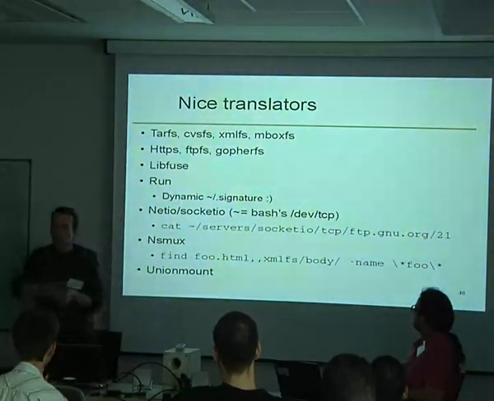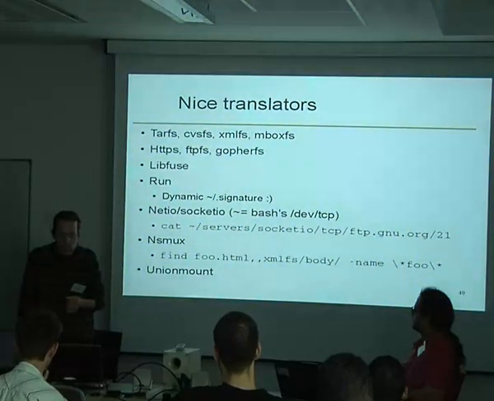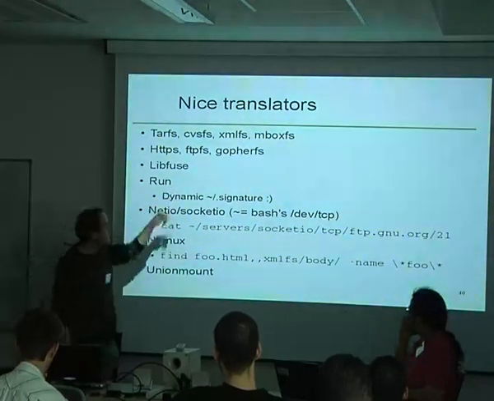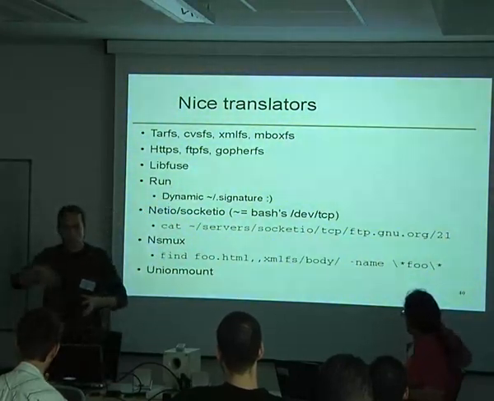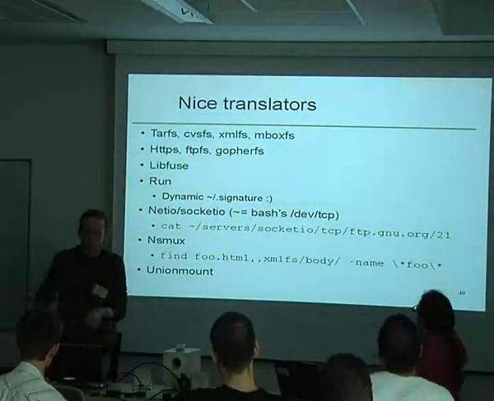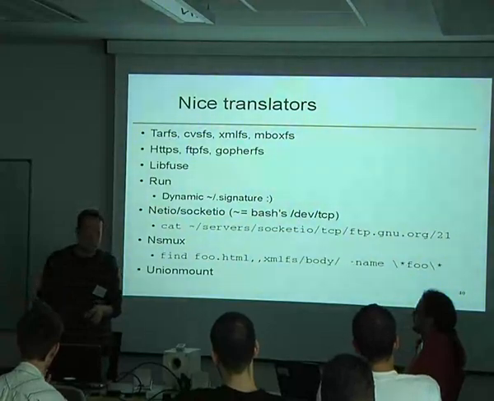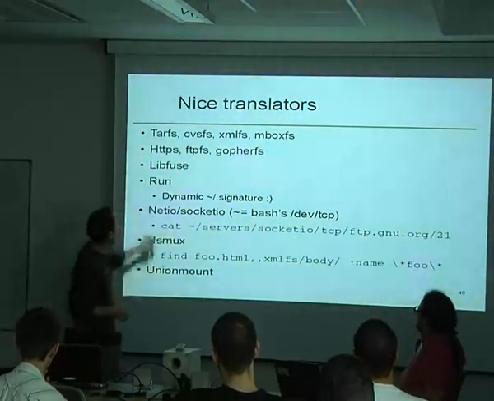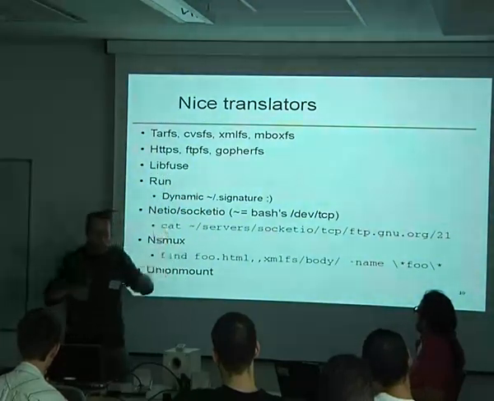XMLFS, you have the trivial XML hierarchy showing up. I don't think we have write access in that one, but it could be done. Mboxfs, you have your mbox file showing up as a directory, so you can actually translate dynamically from mbox format to maildir format. I've shown FTPFS, there's HTTPFS and GopherFS, why not?